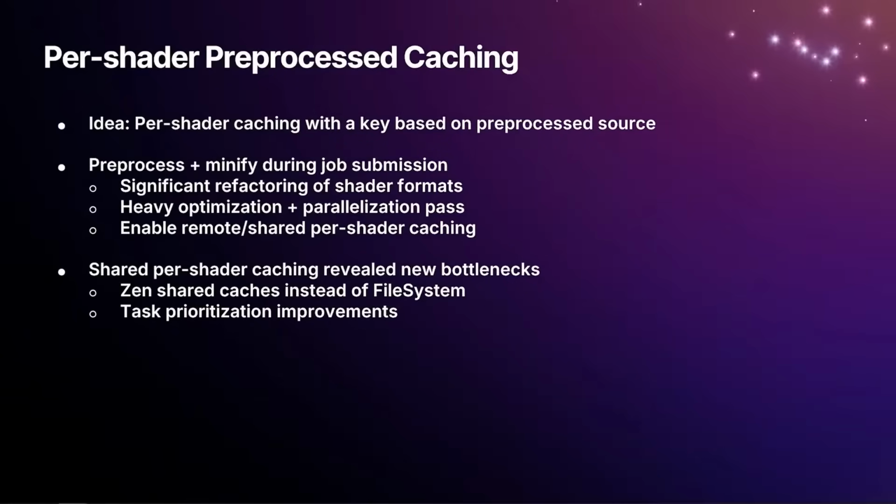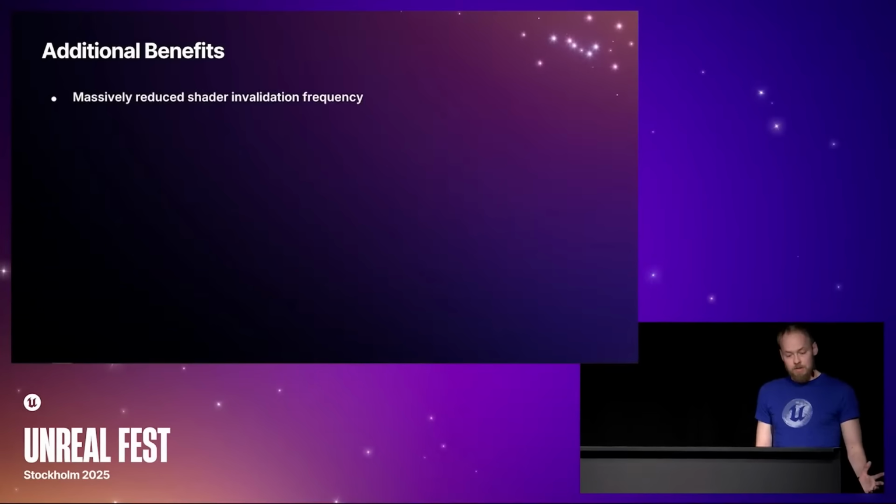So on top of the improved deduplication rate, there's actually a lot of other benefits from caching based on preprocessed and minified source. And the biggest advantage comes from the fact that the big shader invalidations, which were the crux of most of our cook problems, become much less frequent. And there's a few reasons why this is the case.